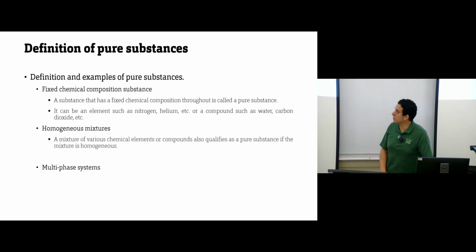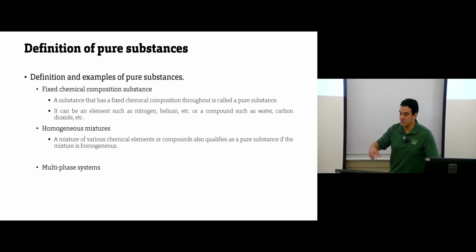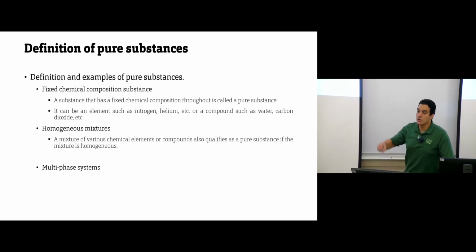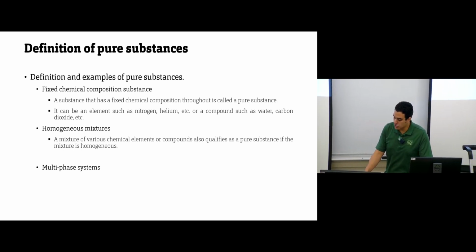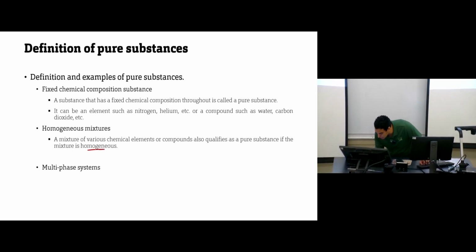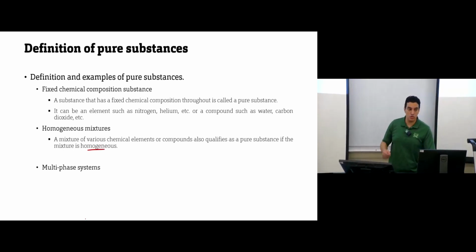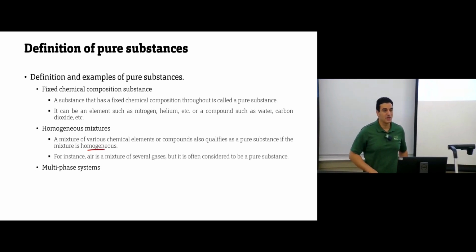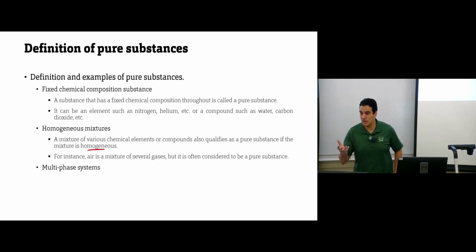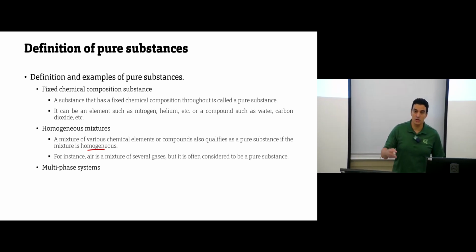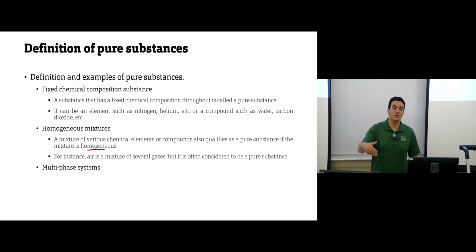The other category is homogeneous mixture. If you have a mixture of different elements, of different compounds, this also can be described as a pure substance if the mixture is homogeneous. And the most common example for this one is air. Air is a mixture of 7 components, for example. Okay, like oxygen, nitrogen, and other components.